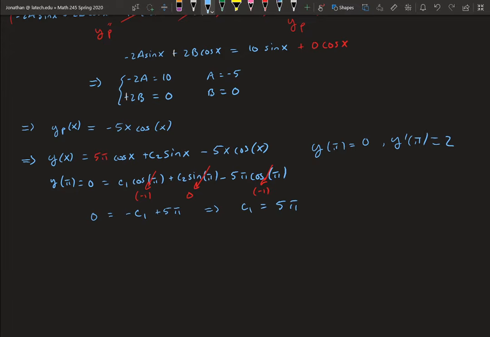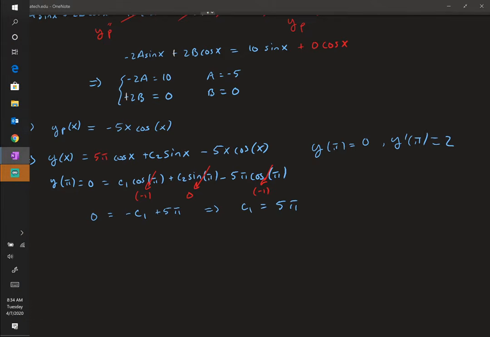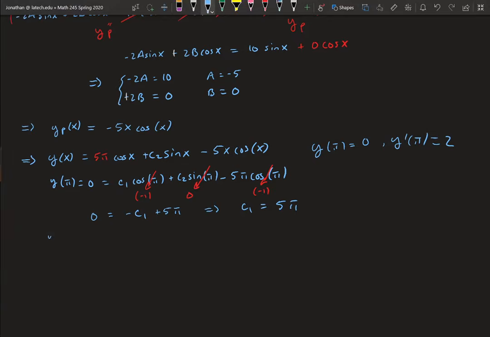And then I'll take y prime of x. So what is y prime of x? It's going to be negative 5 pi sine x plus c2 cosine x minus, I should put that whole thing in parentheses to keep the minus sign outside, 5 cosine x minus 5x sine x.